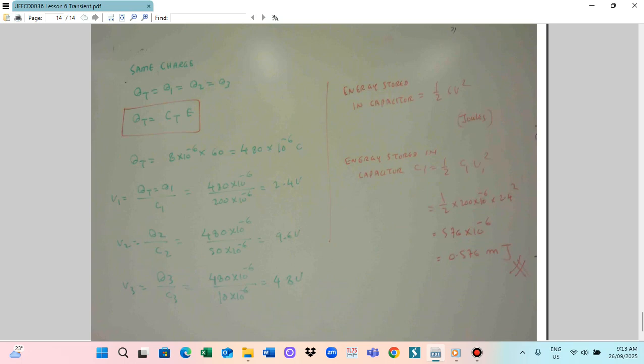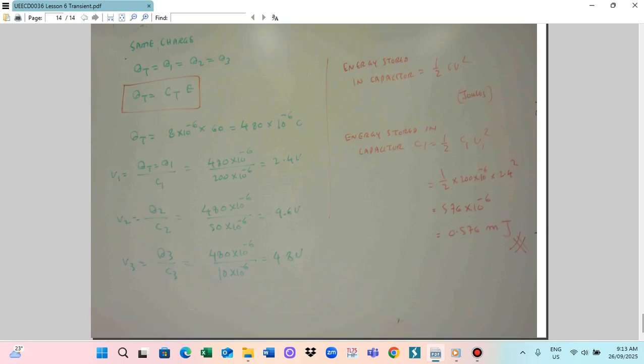Then you get 2.4 squared multiplied by 100, giving 576 into 10 power minus 6, which is 0.576 millijoule. So this is the energy stored in the capacitor.